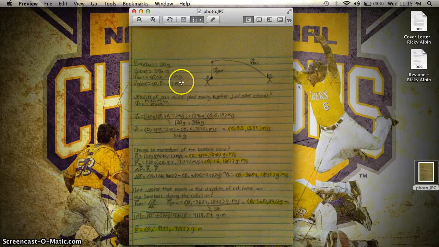To find the velocity of the ball inside the glove right after contact, we set up this formula: VF, the final velocity, is equal to m1 v1 plus m2 v2, where these are both initial velocities, over m1 plus m2, the combined masses. I worked out my calculation, and this is the answer I got in vector form, and it is pretty believable.